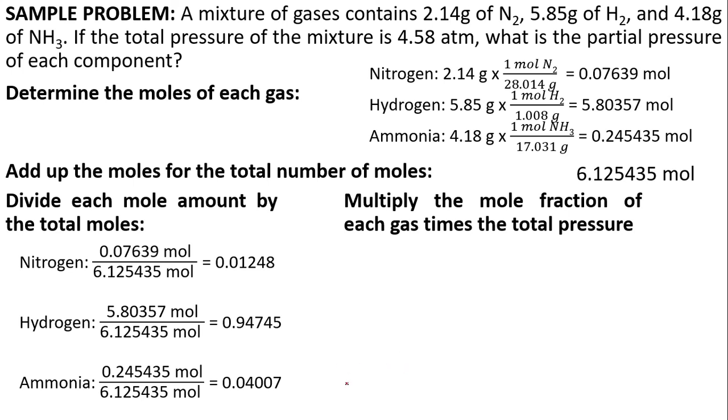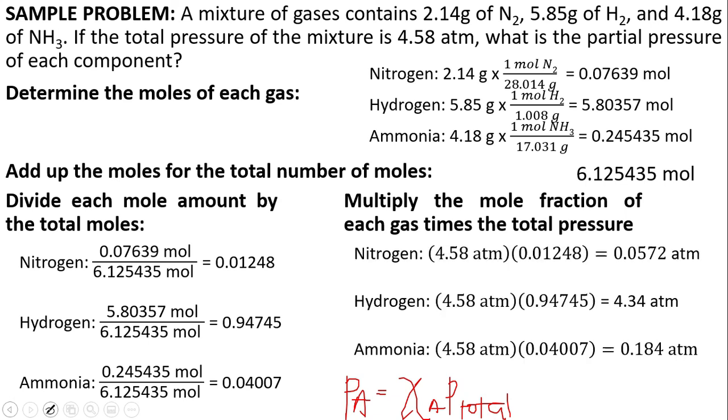Remember, PA is equal to XA times P total. We're going to use this, but this time, substitute A with nitrogen, hydrogen, and ammonia. Doing this, for nitrogen, we get the equation 4.58 atmospheres times 0.01248.